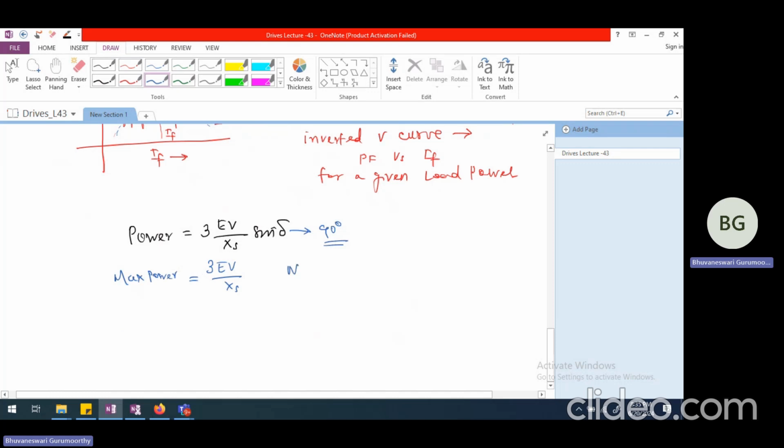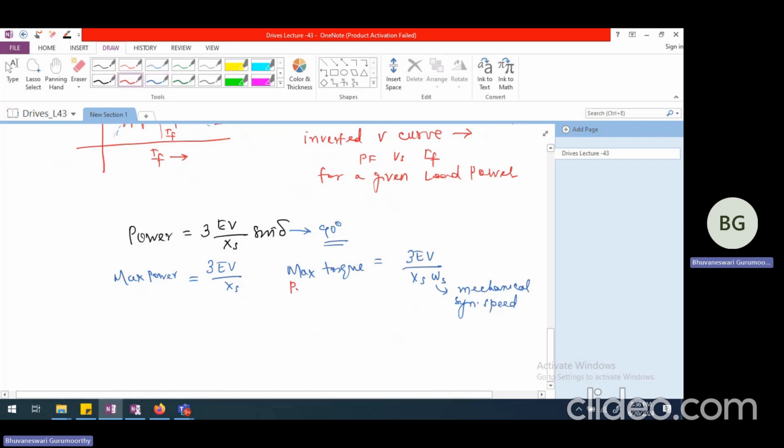And the maximum torque corresponding to this maximum power will be 3 EV divided by XS omega S, where omega S is the mechanical synchronous speed of this machine. So this is going to be the maximum torque.